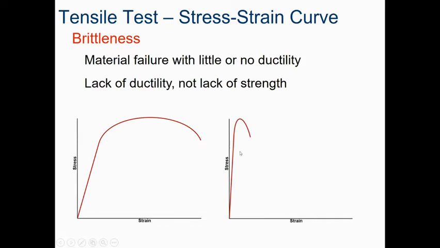Contrast that with something that's very brittle, has a very steep elastic region, so I'm applying a stress, I'm not getting a whole lot of strain out of it. And then as it starts to plastically deform, notice that the ultimate strain here is really not that great, because as it starts to strain beyond the elastic limit, we only have this small little region here, and then it's going to break. So we could think of this as a rubbery type material, and this more as a glass type material. Much more deformation here, not very much deformation here.